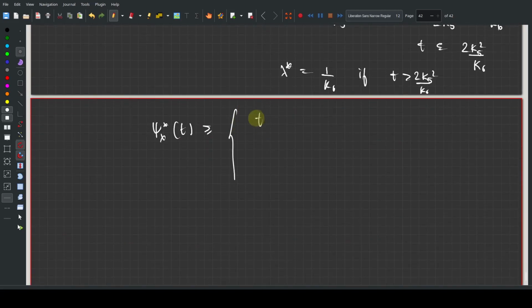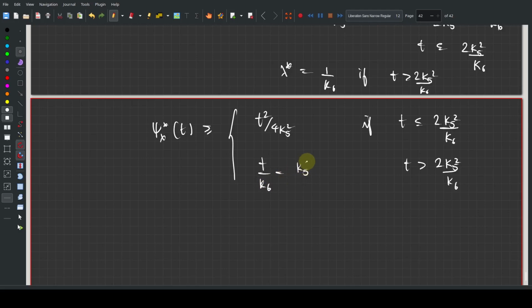So it is greater than or equal to t square by 4 k phi square if t is less than or equal to 2 k phi square by k6, and otherwise t by k6 minus k phi square by k6 square.